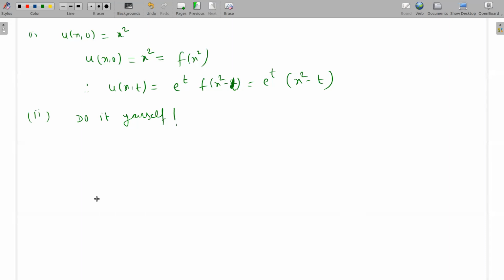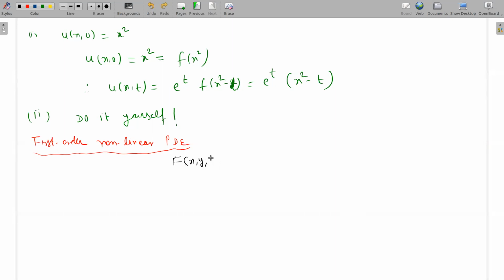So next we consider first order non-linear PDEs. We will write a first order non-linear PDE as F(x, y, u, u_x, u_y) equals 0.